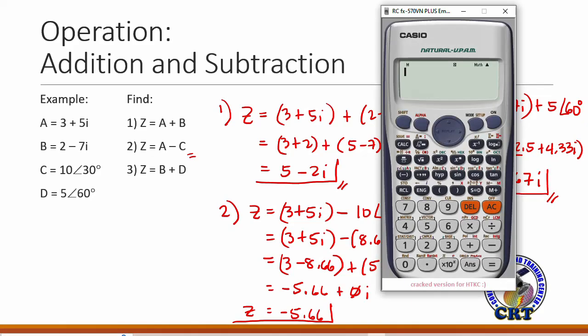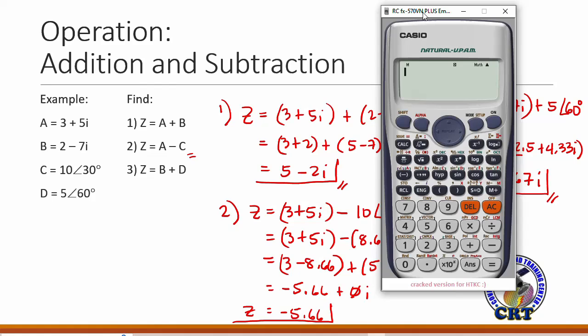Next, I will be introducing also another calculator technique. This technique is limited to some higher version or higher edition of the calculator, for example, this Casio 570.